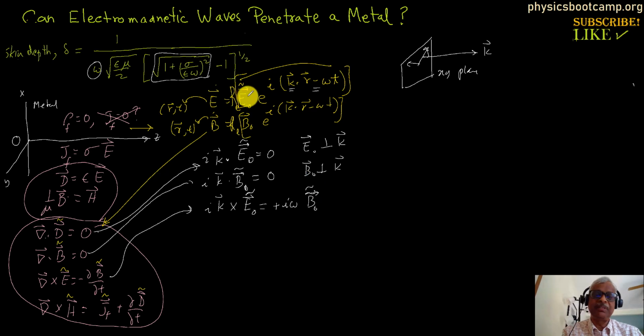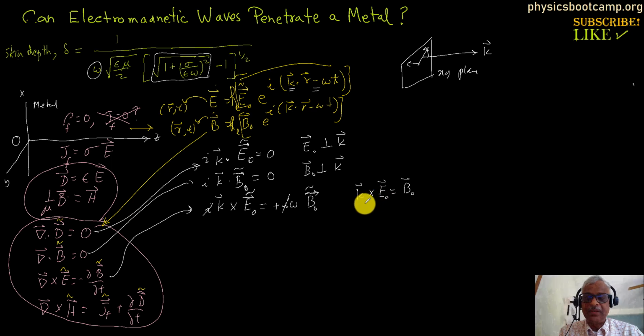Tilde means this is complex, because everything here is complex, even the amplitude is complex. You can see that the i cancels out. So if you just look at the real part, it will be k cross E0 equal to omega B0. It's like that.